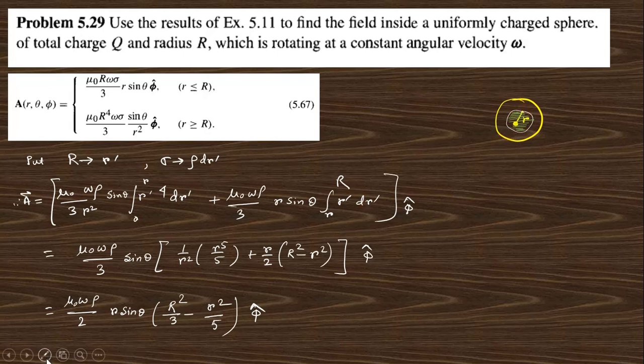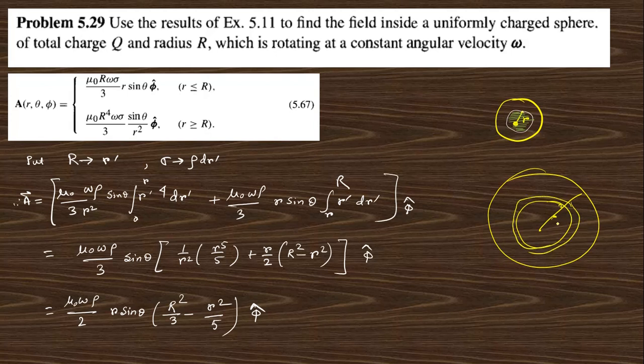If you take this big sphere, and a small shell with radius r prime and thickness dr prime, the charge density will be rho dr prime.